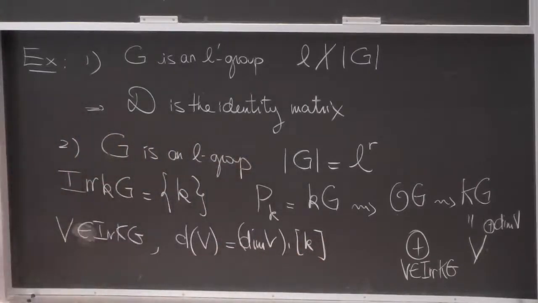Okay, and you can see now on this example this Brauer reciprocity, because if I write the decomposition matrix in that case, it will be just a column. So the rows are, as I said, labeled by things in characteristic 0.